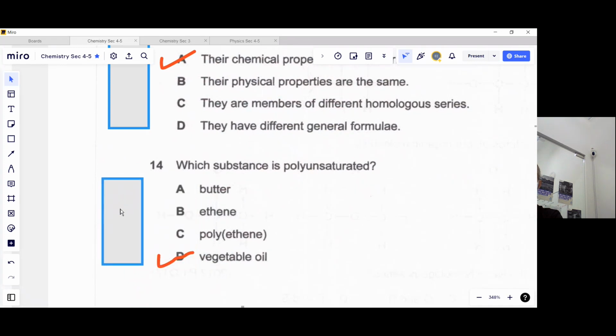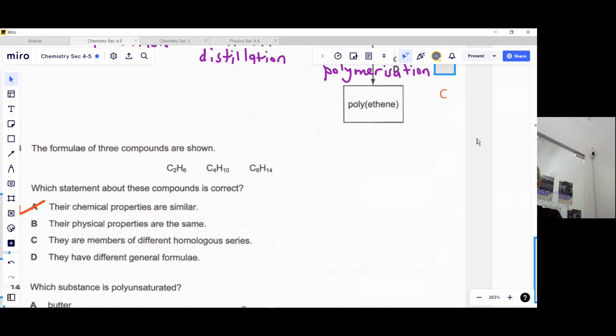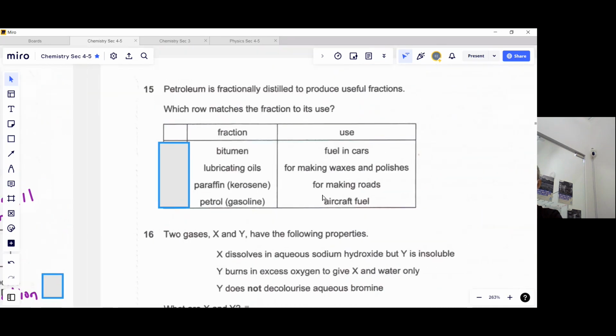Good. Better get it right. Vegetable oil, polyunsaturated. Yeah, question. Take your handphone later. 15. B for boy. Yep. Okay, make sure you get it right.